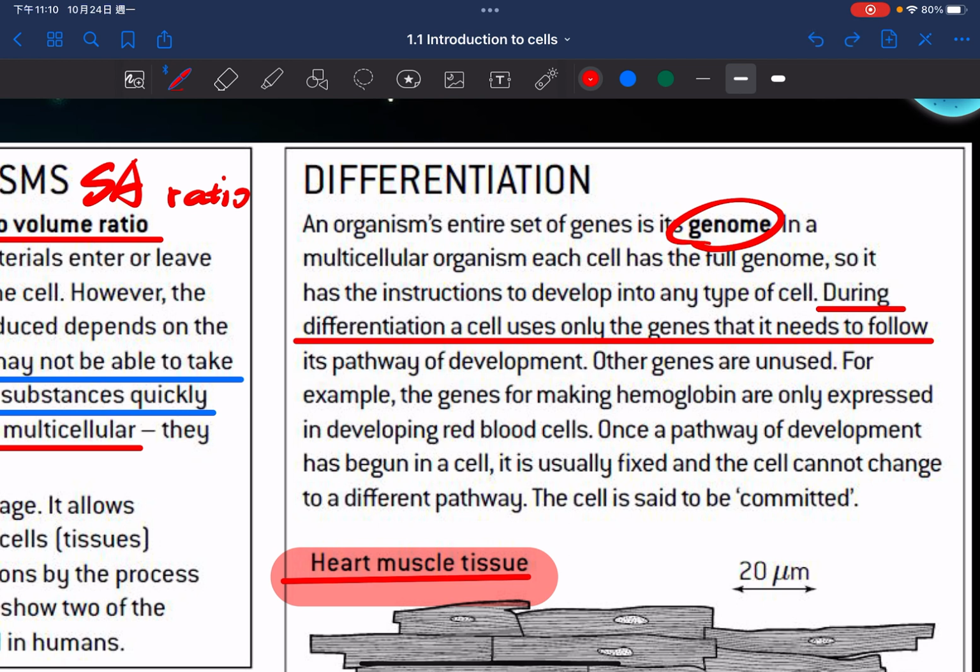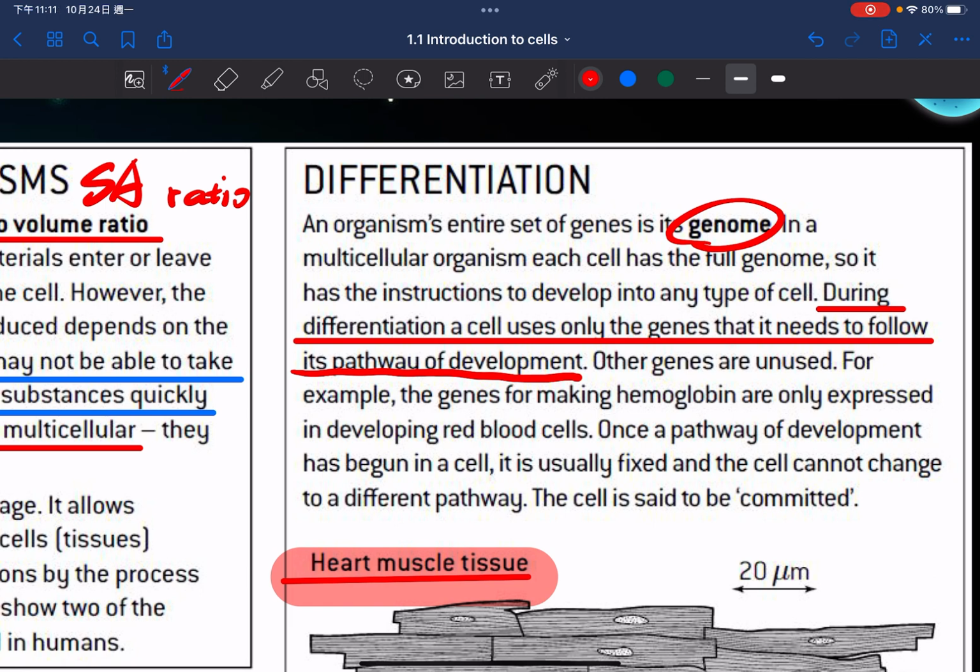When you are a fetus, like a baby inside your mother, your cells try to find ways to express their own functions, and they know how to do that. For example, as I said, your skin cell, what can it do?